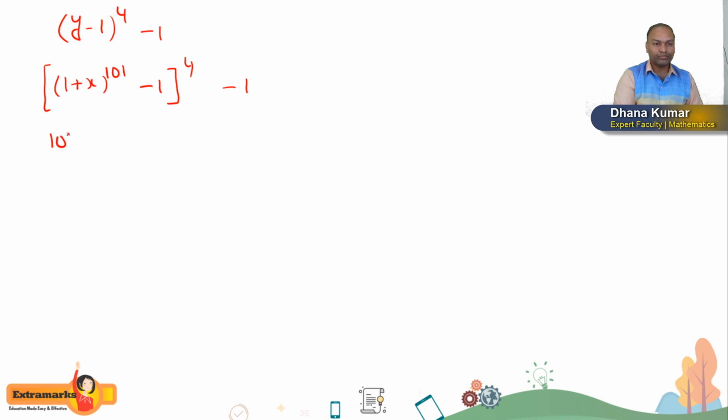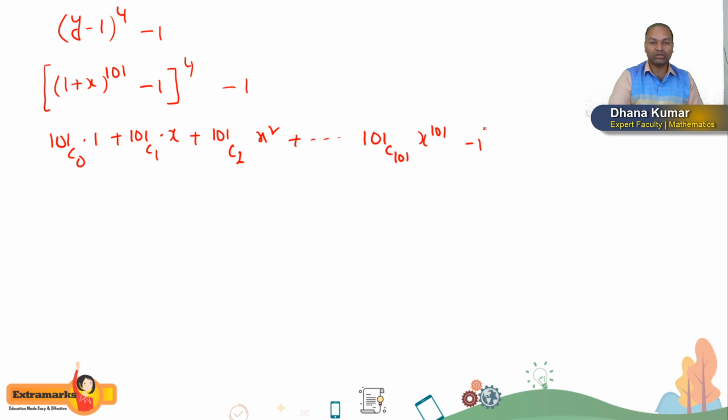Expansion: 101C0 into 1 power anything is 1 only, plus 101C1 into 1 power anything is 1, into x power 1, plus 101C2 x square, plus so on, 101C101 x power 101, minus 1, whole power 4, minus 1.